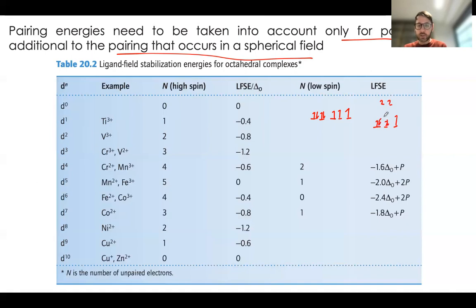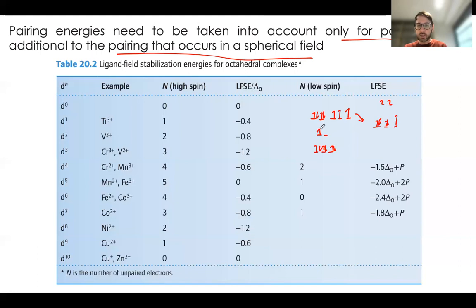In this case, which is high spin, there is no additional pairing energy because it's the same as in the spherical field. But if we go to the low spin case, we have 1, 2, 3, 4, 5, 6, 7.